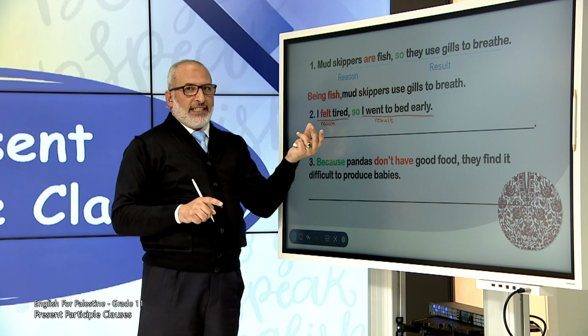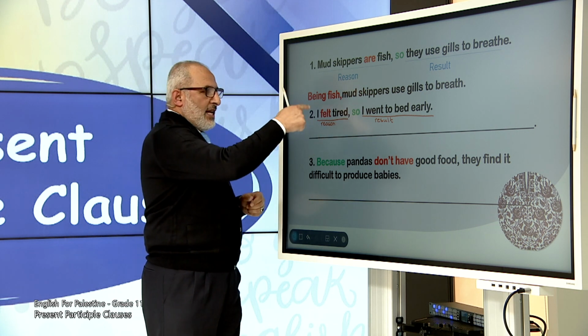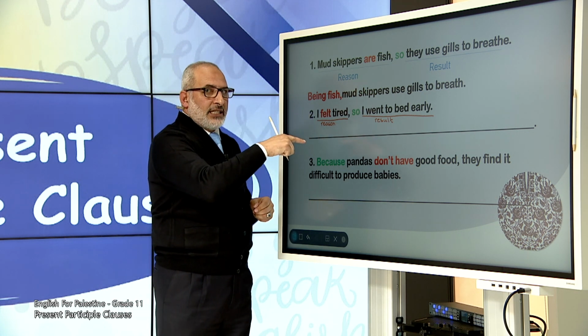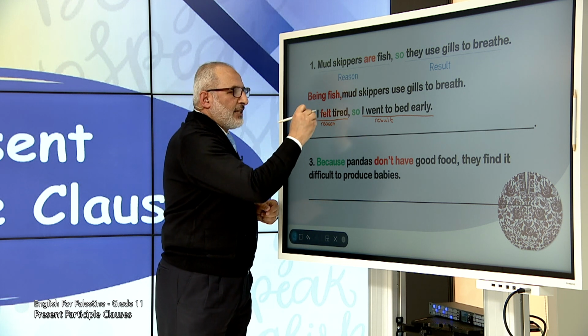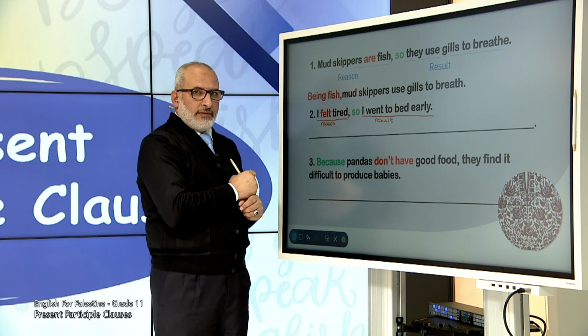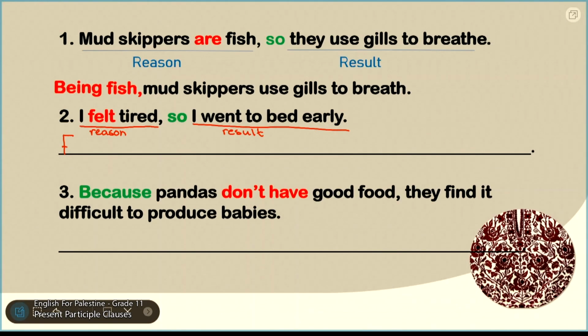Of course, with the reason. Good. So again, we start our sentence with the ing form of the verb. What is the infinitive of felt? Yes, it is feel. Good. We add ing to make it ing form. Feeling tired, comma, I went to bed early.